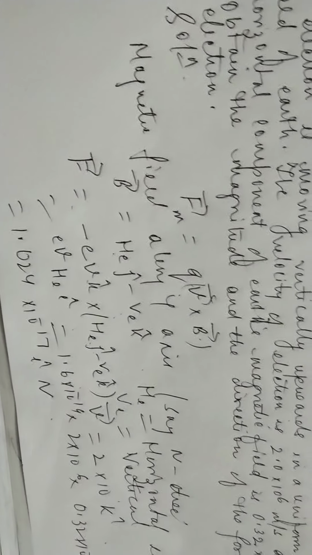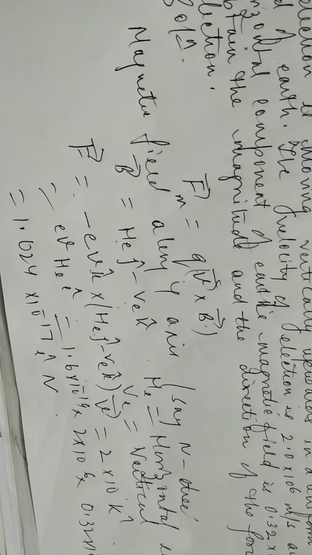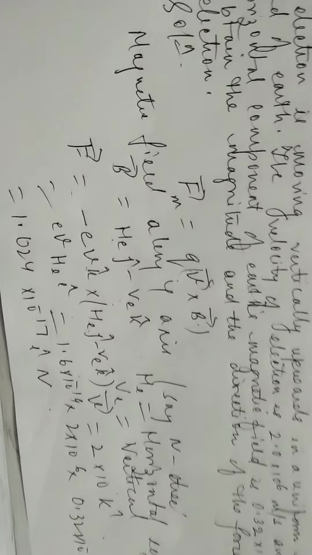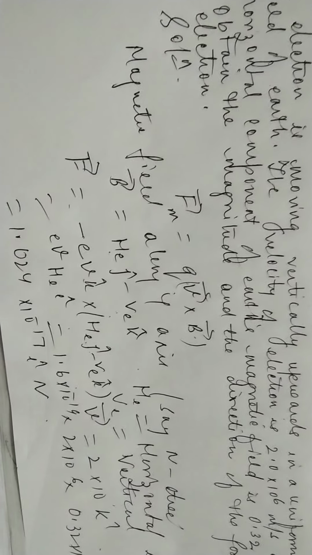So you can very well see that we have taken the B vector as H_E j caret minus V_E k caret, and the F vector is e V k caret cross H_E j caret minus V_E k caret, and the V vector is 2 into 10 to the power 6 k caret. I forgot to write the 6 here.